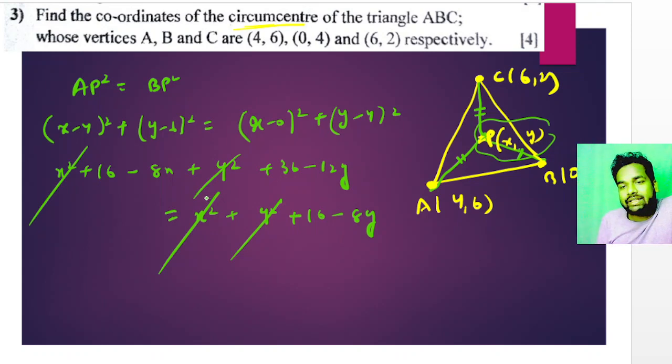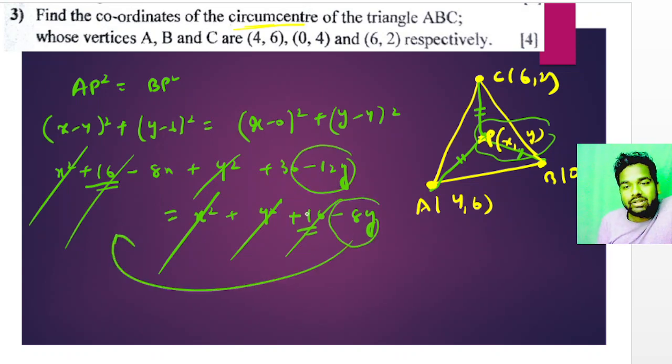Here is also 16 and here is also 16, so you can cancel them. Then bring the minus 8y to this side, and it becomes minus 8x minus 4y plus 36 is equal to 0.